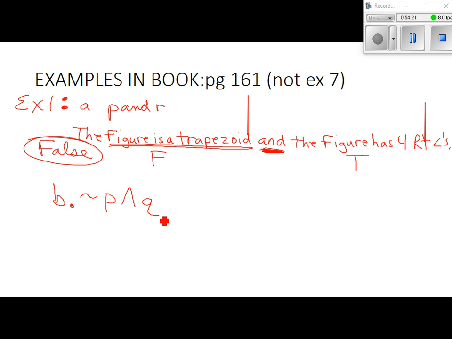The statement that they gave us for P. The figure is a trapezoid. Now we want to negate it this time, so if we want to negate it, what are we going to put? Listen to what they're telling you. The figure is not a trapezoid, right?